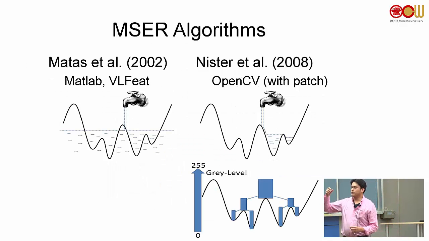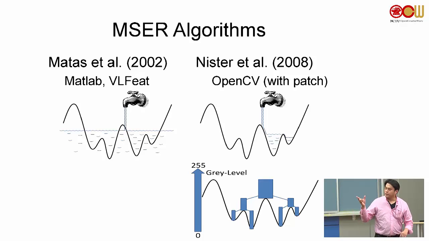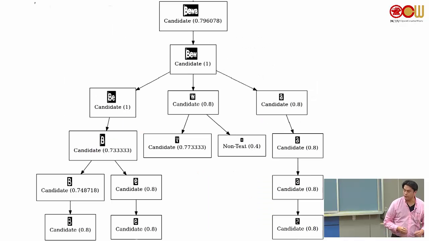So you just have the water from the bottom, and it will increase on the gray level. And later on, you will see that the region will be filled more and more. And this is essentially the algorithm for MSER. Okay. Then let me show you a better example over here.